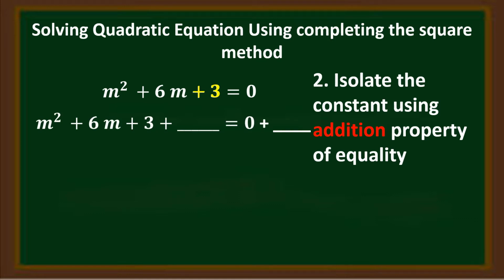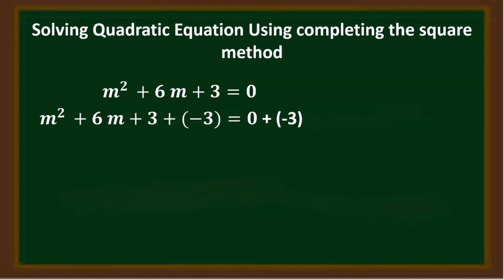Negative 3 will now be added to both sides of the equation. 3 plus negative 3 is equal to 0. So we now have m squared plus 6m plus blank for completing the square. And 0 plus negative 3 is equal to negative 3.